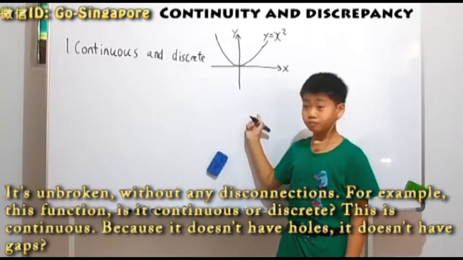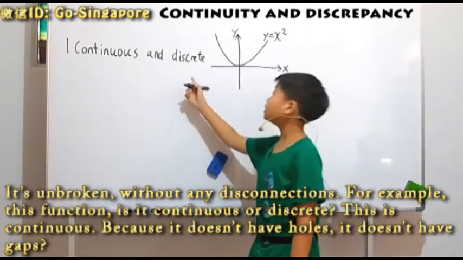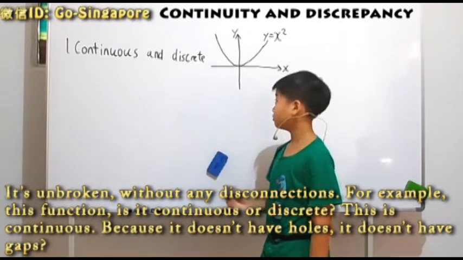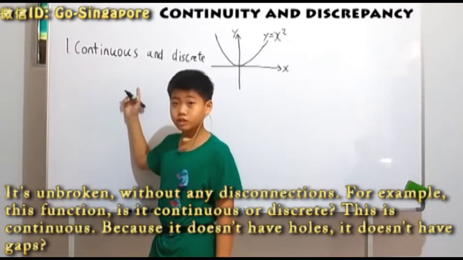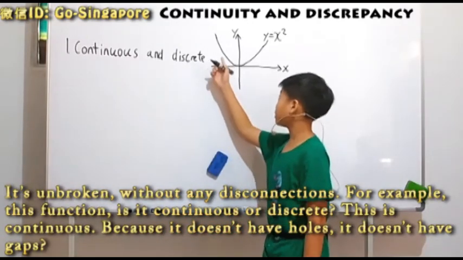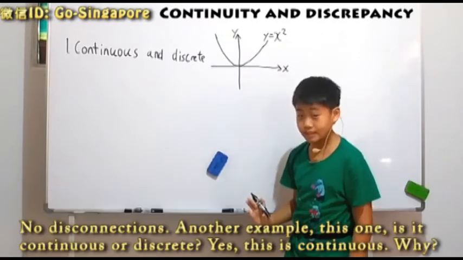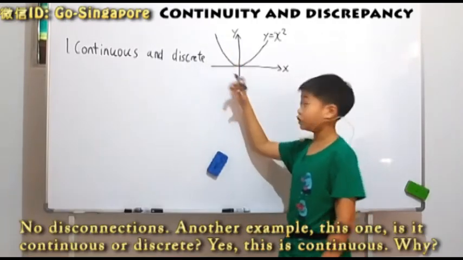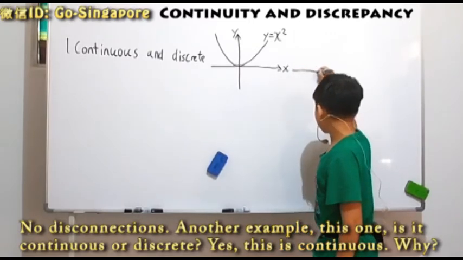this function. Is it continuous or discrete? This is continuous, as it does not have holes, does not have gaps, no disconnections. Another example.